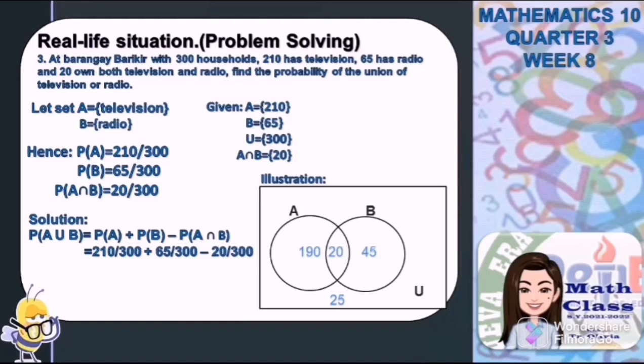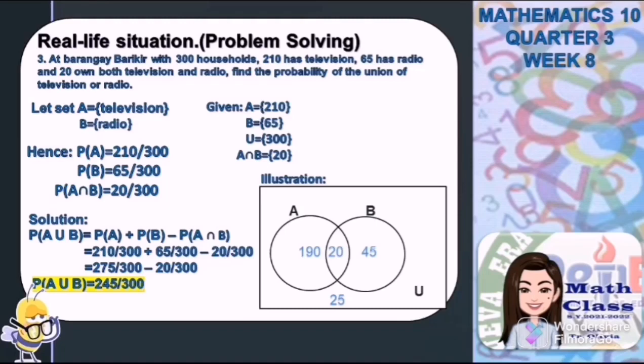So using PEMDAS again, we have 210 plus 65, that is equal to 275 over 300 minus 20 over 300. So therefore, we can say that the probability of the union of television or radio in this given situation is equal to, very good, the difference which is 245 over 300.